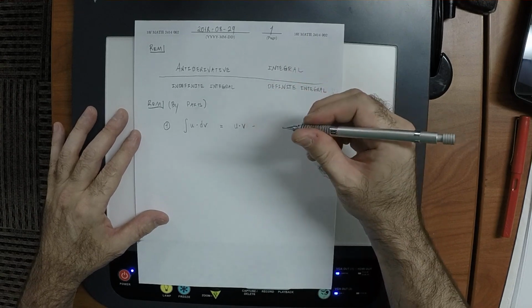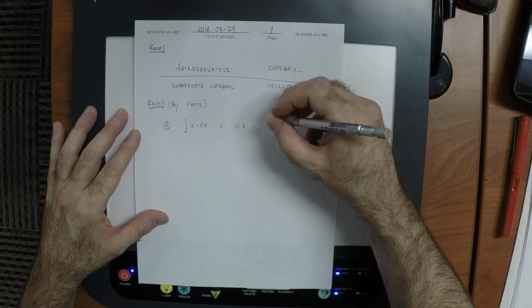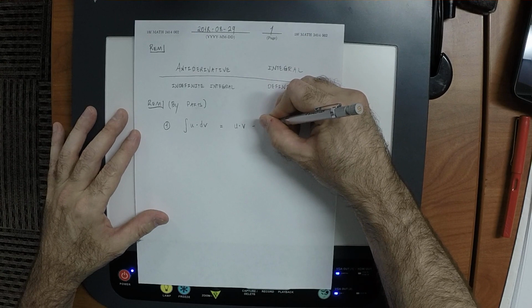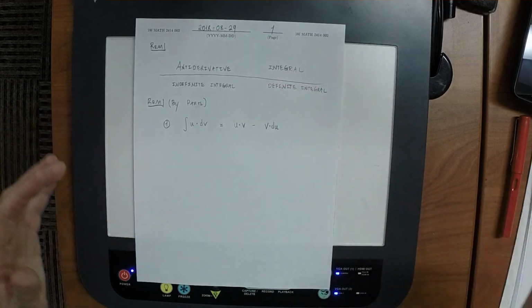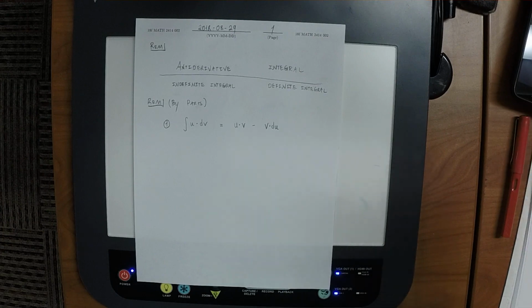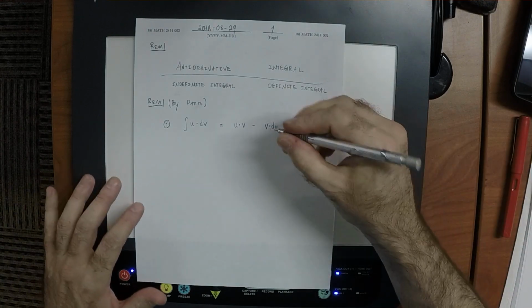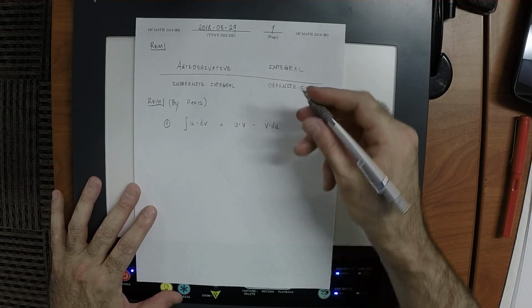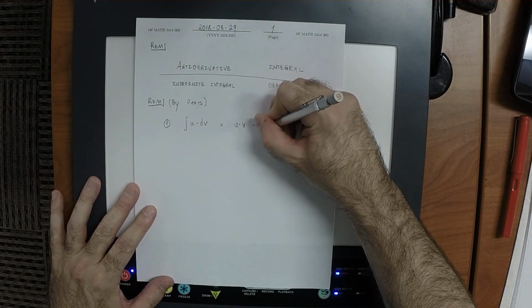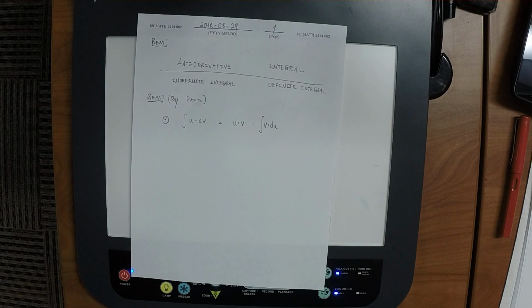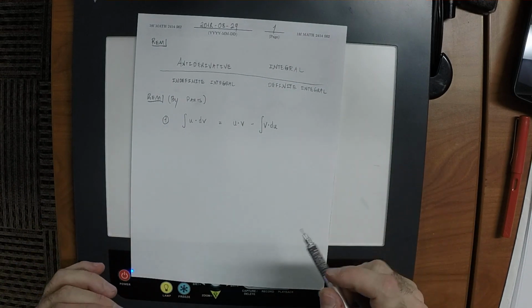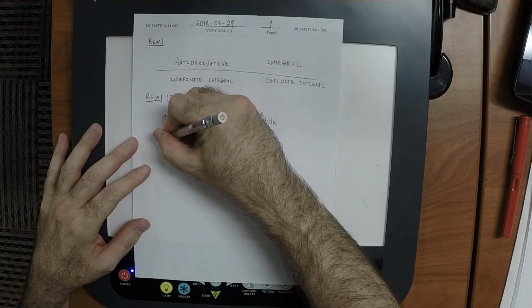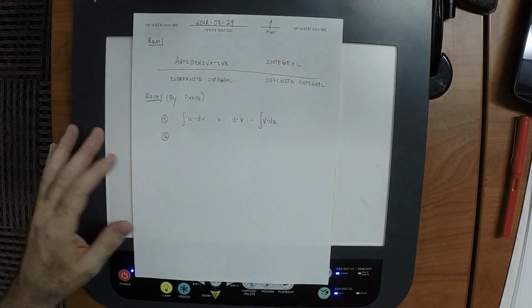Minus what? V multiplied by du, and then usually you write it like so. But I've only written what was said. Surely this is not quite right yet. Integral. Right, anti-differentiated. Good, like so. So this is antiderivative by parts.